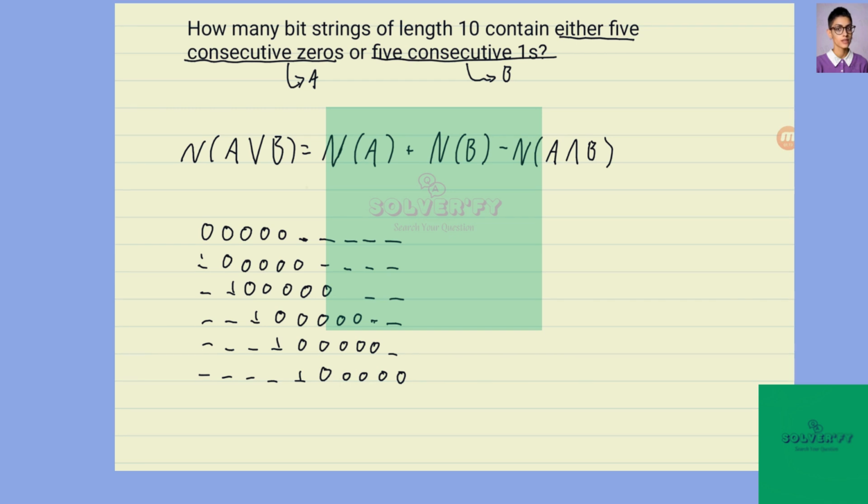In each one of these situations, if we start at the first bit, then we have 5 different possible bits, which may take any possible value.